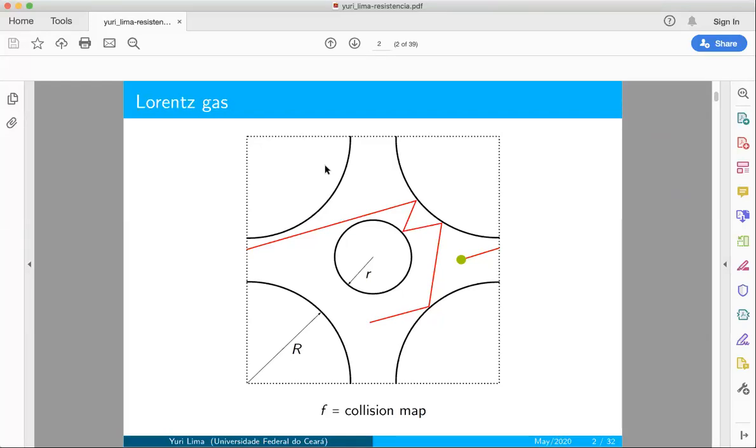So this is the usual Lorentz gas, and from the point of view of dynamics, we actually have 2 possible dynamics to consider with respect to this example.